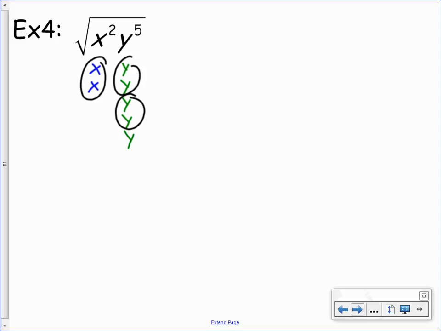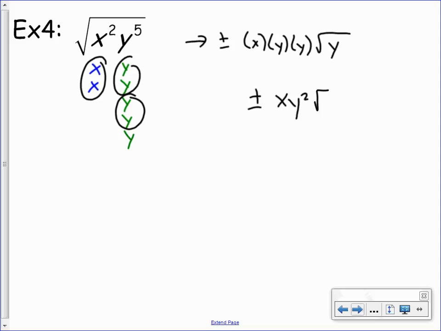So this is plus or minus. We have an X, we have a Y, and 1 stays inside. Make it pretty. X, Y squared, square root Y.